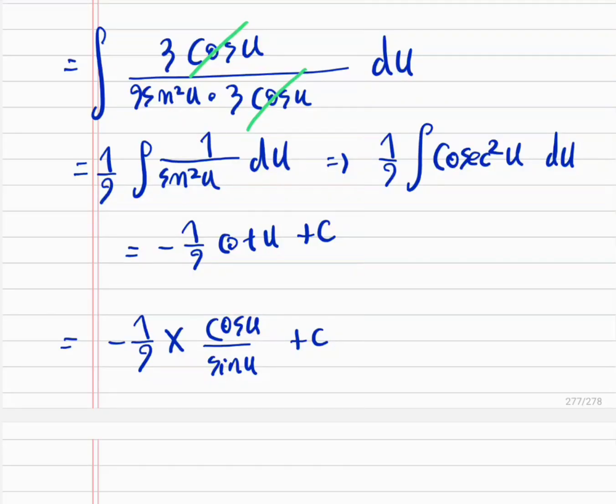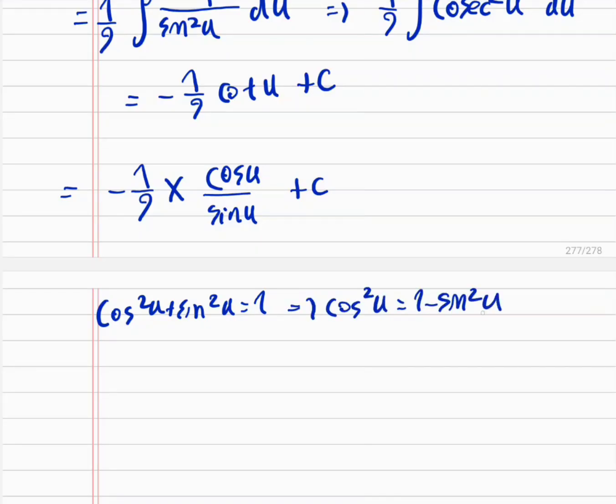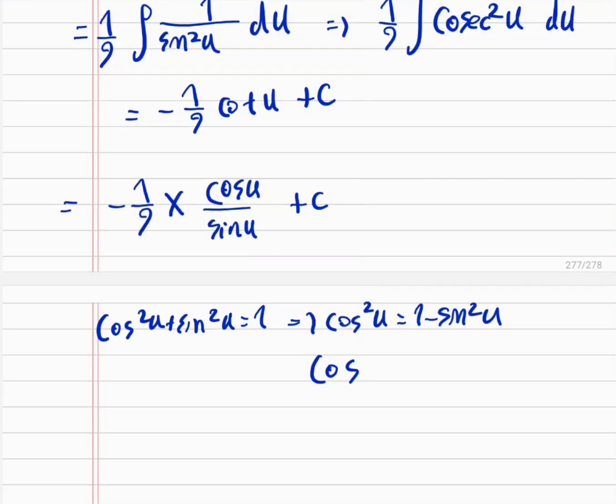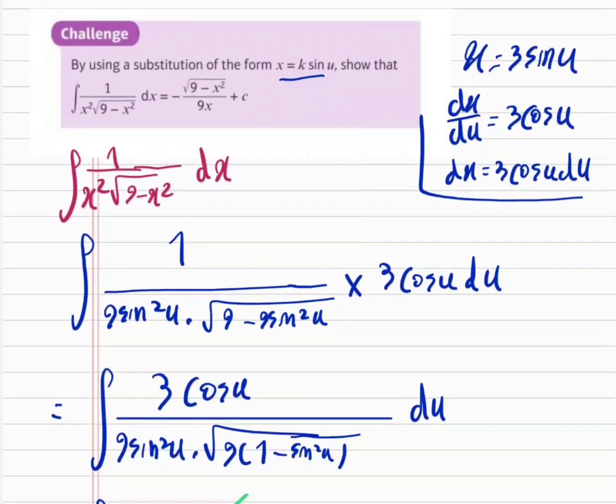For this part, it's actually very easy, because we know that cos squared u plus sin squared u is equal to 1, so cos u can be written as the square root of 1 minus sin squared u. And now sin squared u itself is the same as x squared over 9.